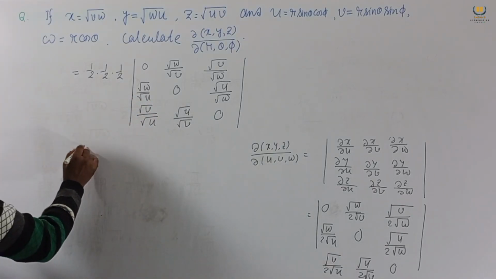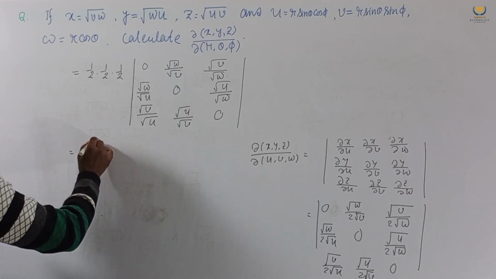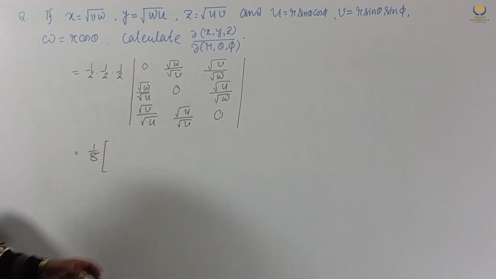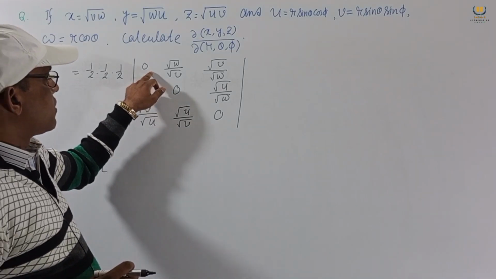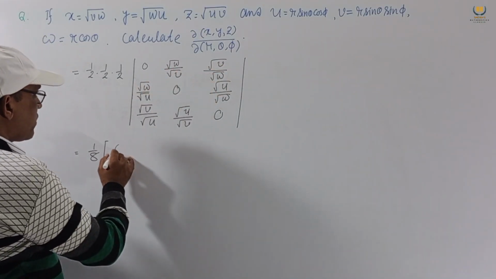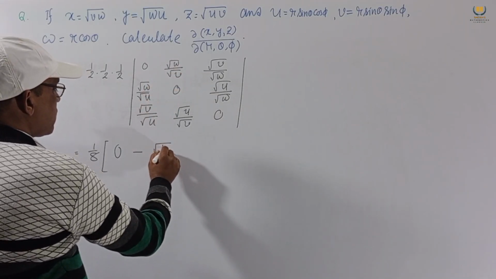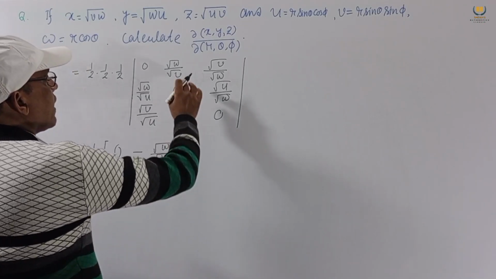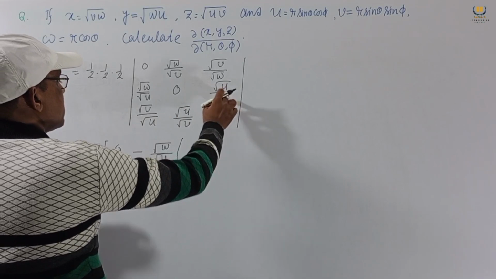Now this is 1 by 8, and if we expand this determinant, first number is 0 into something is 0, so no need to write this. Next, second one is minus w by root v, then this cancels, this into this 0, this into this, we get this.